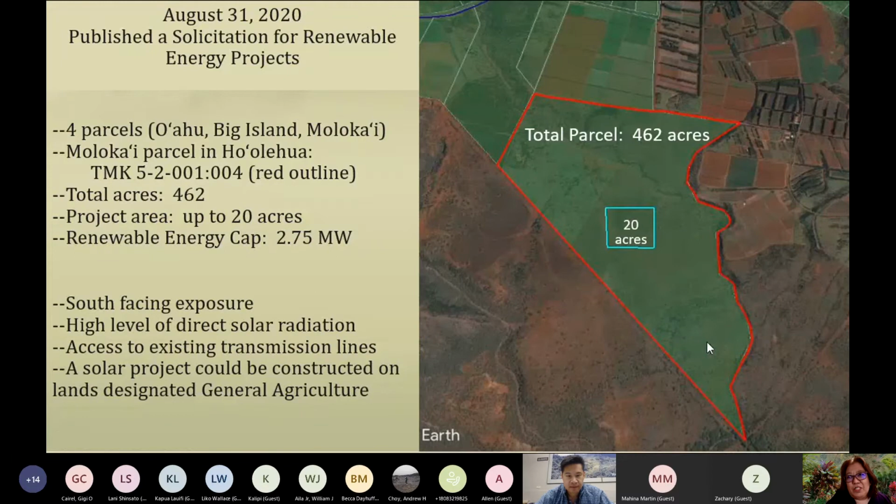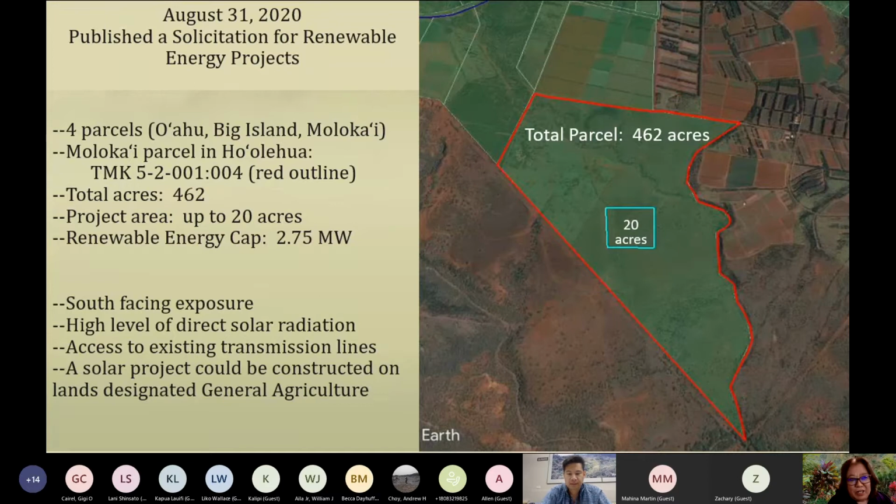So this is the entire parcel that we just looked at that was outlined in red. It's 462 acres. And what we did on August 31st is we published a solicitation in all of the major newspapers in Hawaii, and we requested proposals for renewable energy projects for 4 different areas.